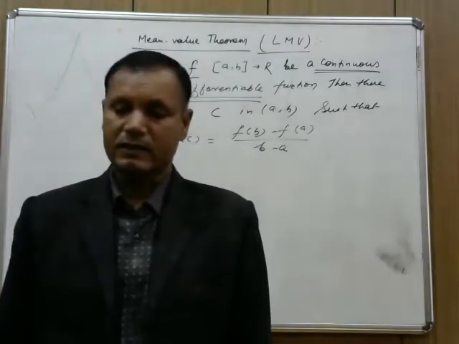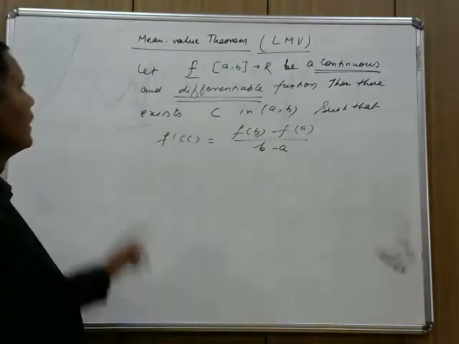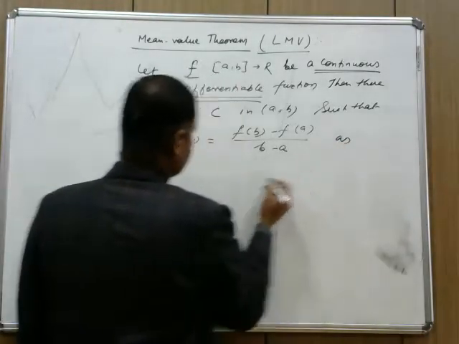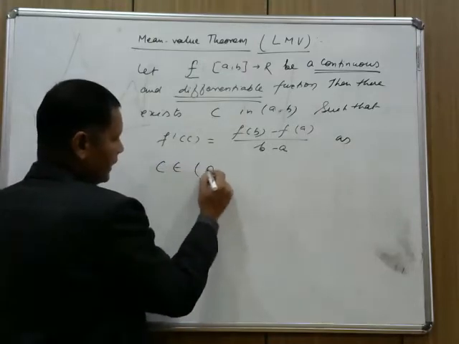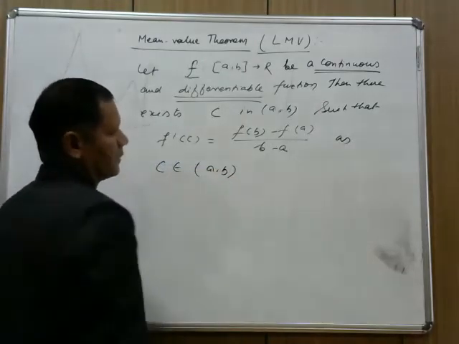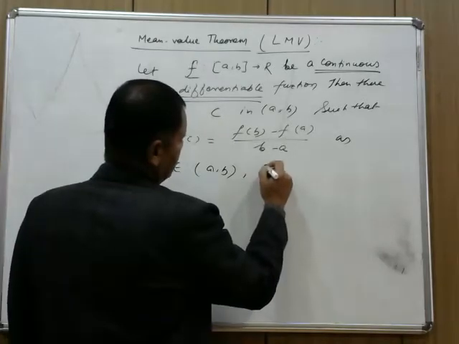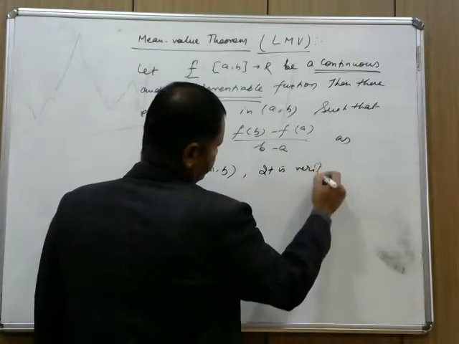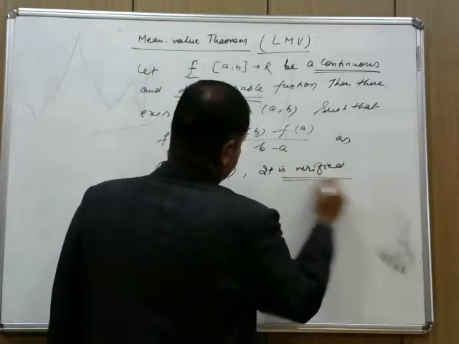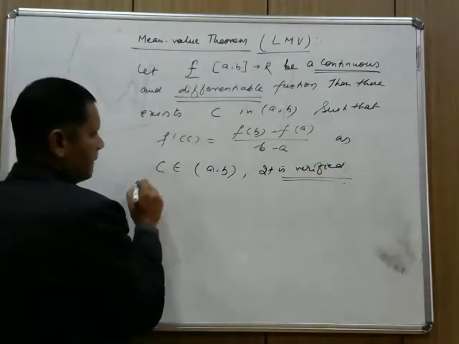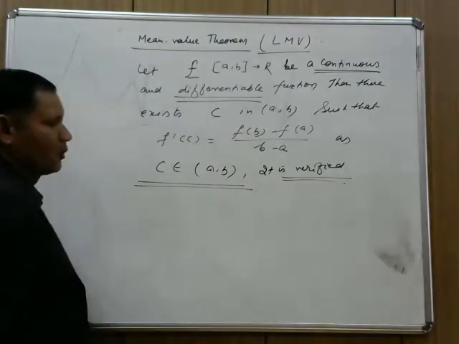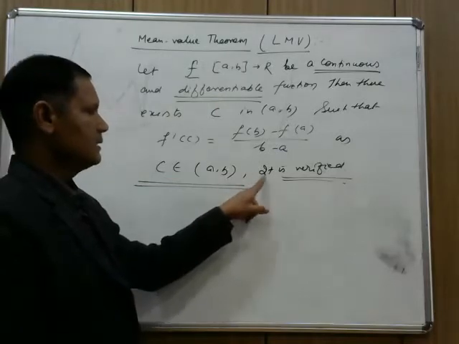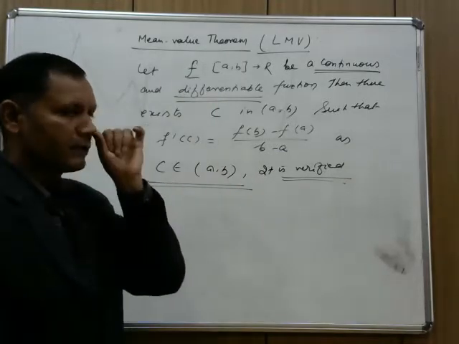And then we say that yes, the mean value theorem is verified as c belongs to (a, b). You have to check: if c belongs to (a, b), then we say that yes, the mean value theorem is verified.